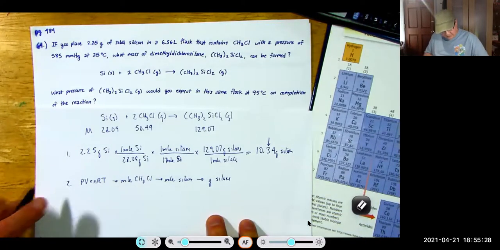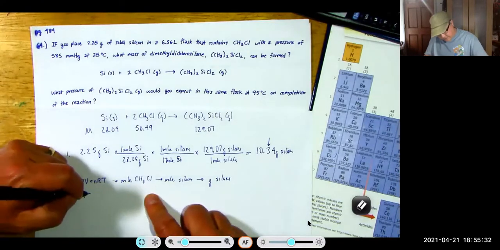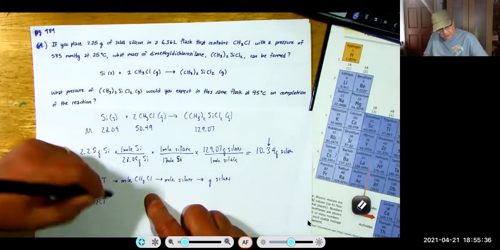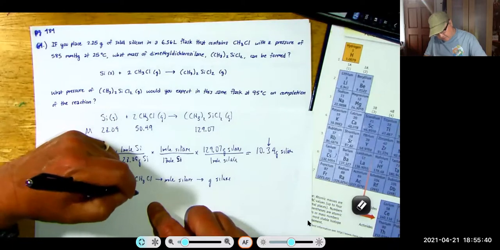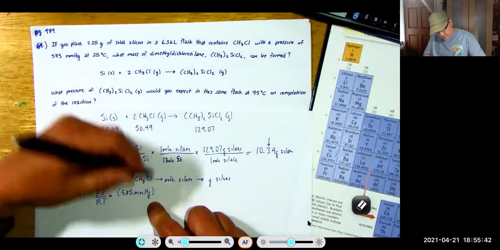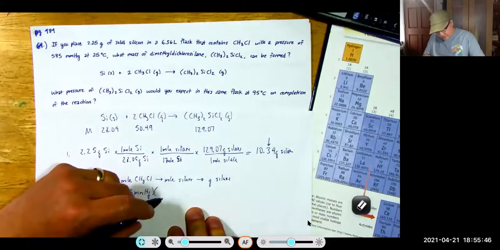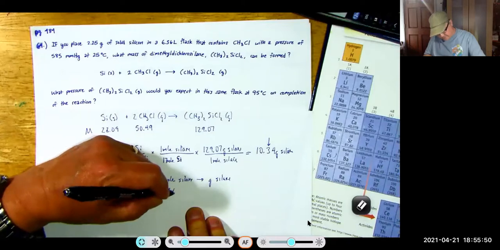Okay, so here to calculate the moles, we say n is equal to PV over RT. The pressure is 585 millimeters of mercury. The volume is 6.56 liters.